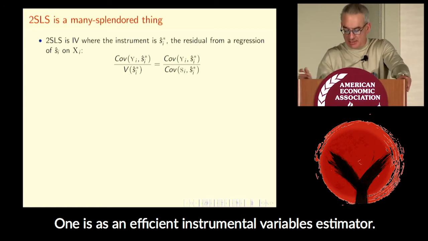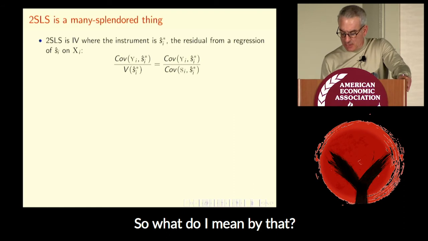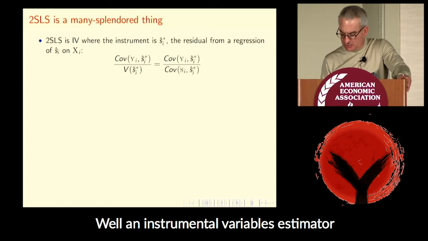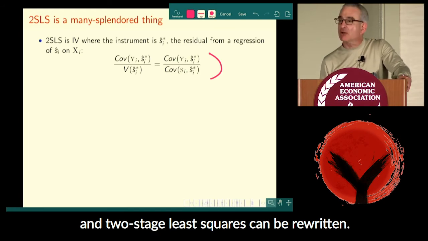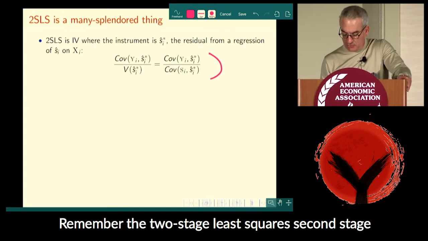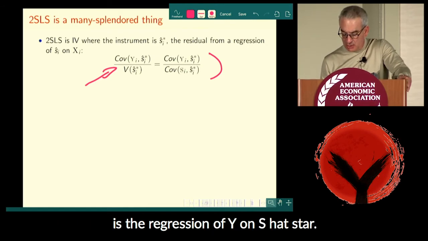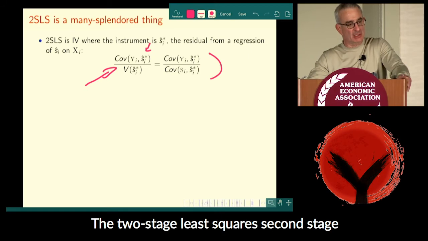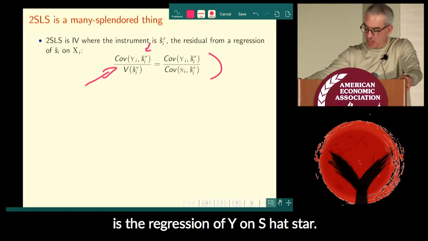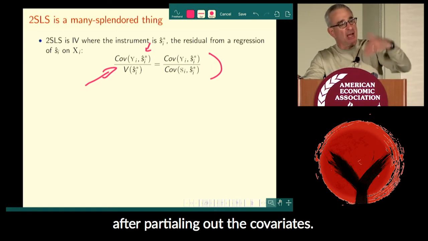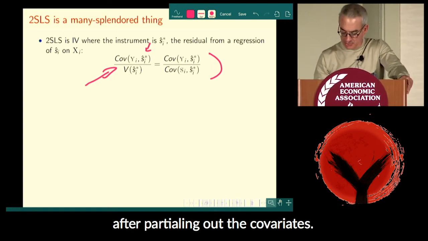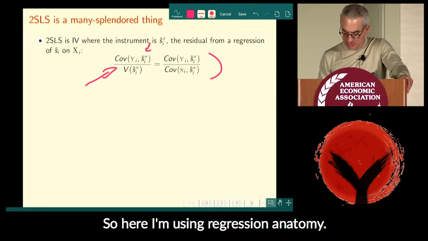One is as an efficient instrumental variables estimator. So what do I mean by that? Well, an instrumental variables estimator is this ratio of covariances, and two-stage least squares can be rewritten. Remember, the two-stage least squares second stage is the regression of y on s hat star. S hat star is the fitted value after parceling out the covariates. So here I'm using regression anatomy. Let's go back.